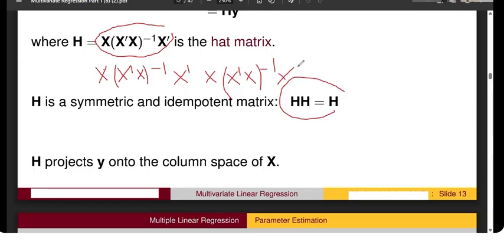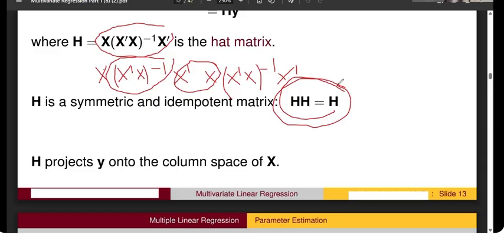Well, let's see. Take a look at this. This guy, we cancel this guy. What do I have? I have this guy back. That's what we mean by it is idempotent.